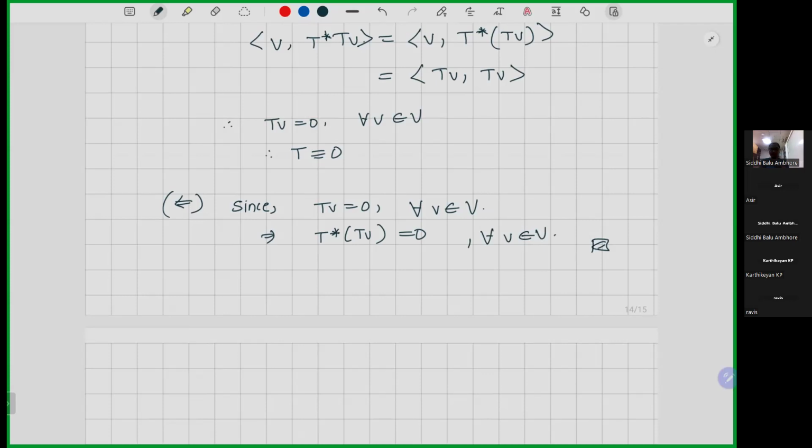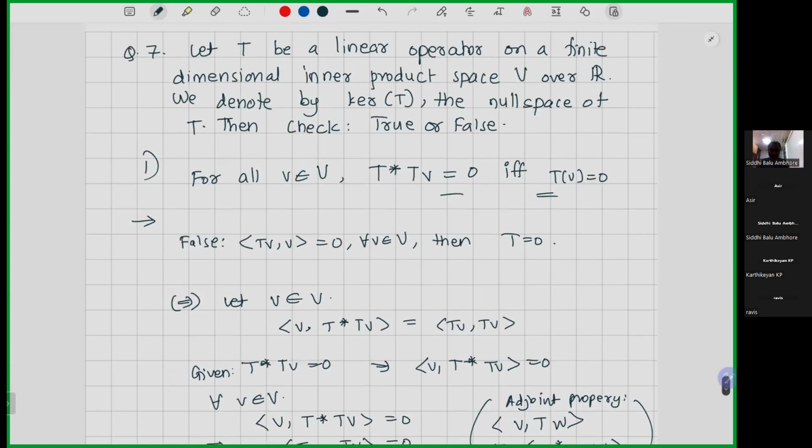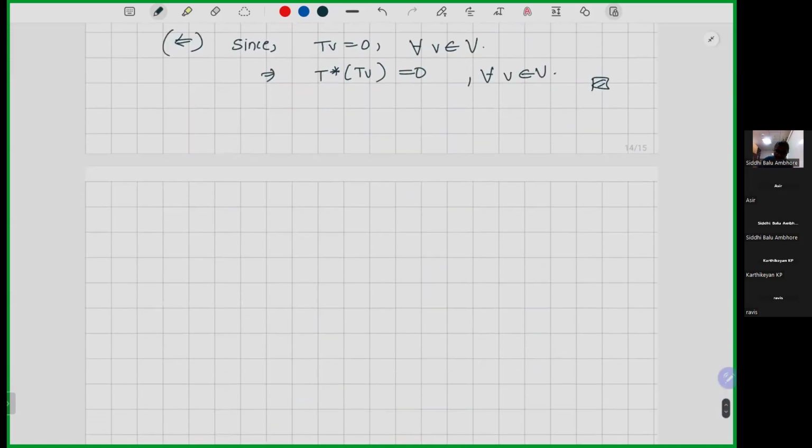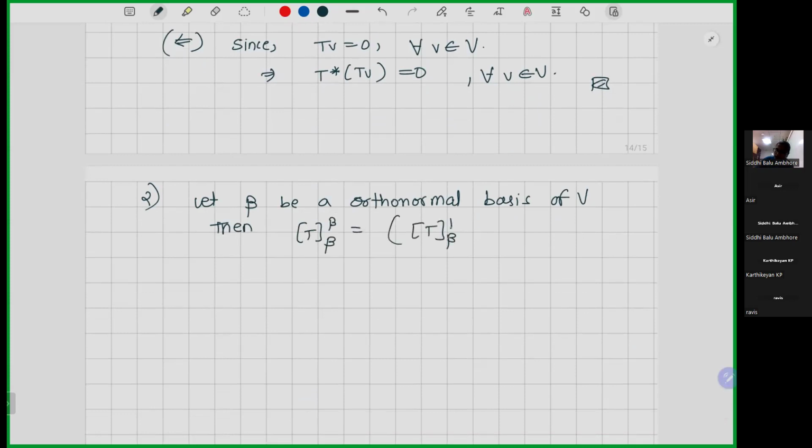And now this, which we discussed yesterday and ended up saying that it is true: let beta be an orthonormal basis of V, then [T]_beta is equal to [T]_beta dagger.